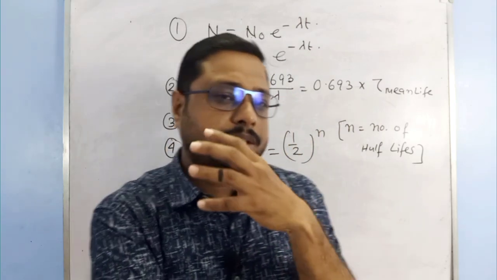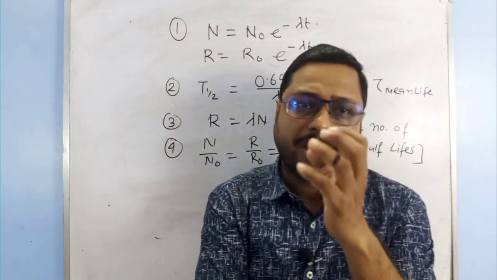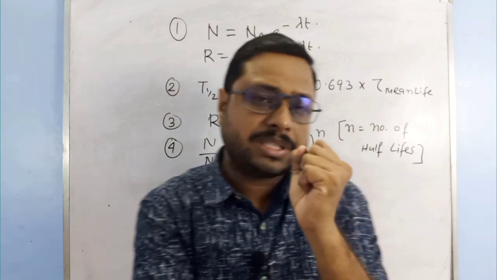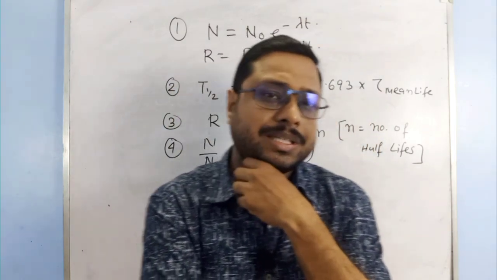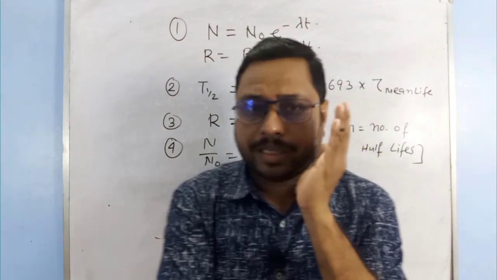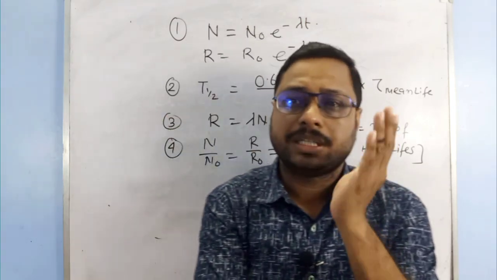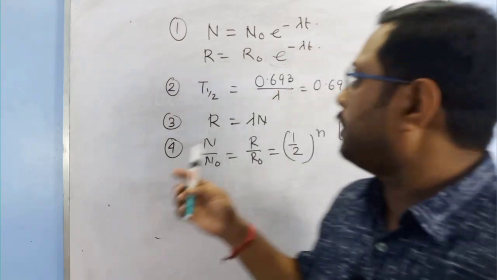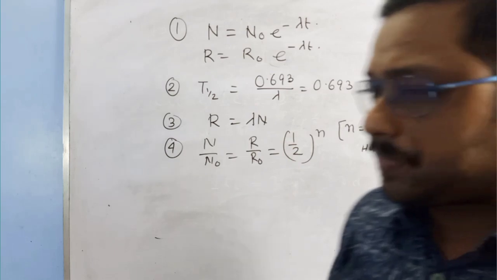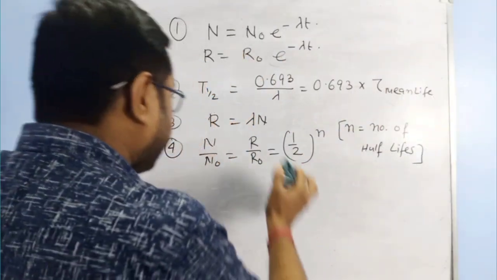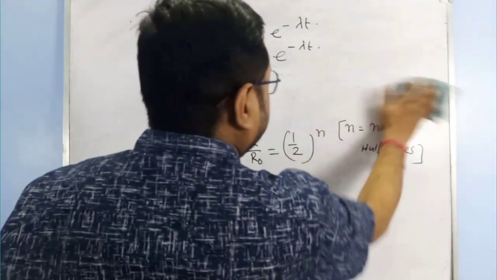Mean life is the mean or average of all the nuclei present in a certain radioactive sample. Decay constant is a constant which is related to average value and half life, from this equation. And now we go with some numerical examples.